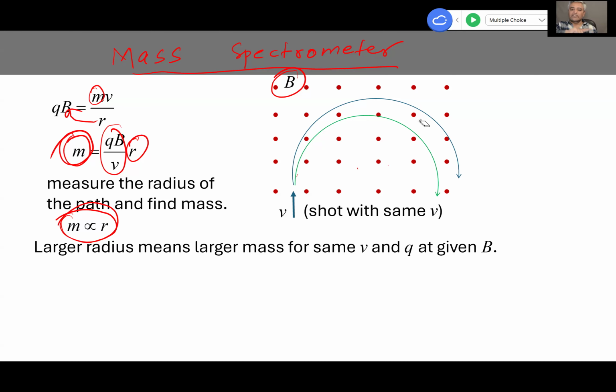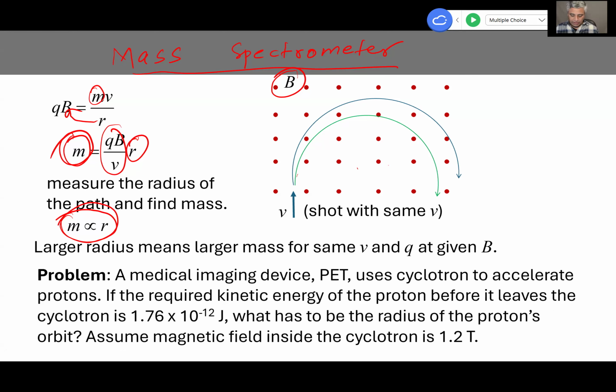Otherwise it just wants to fly out, but there is a force, so it slowly turns around. That's why it goes in a larger radius: larger mass, larger inertia. Just like turning a truck versus a car, turning a truck takes a larger radius. Anyway, we can have, for example, a device.